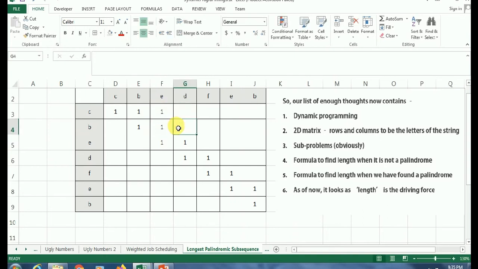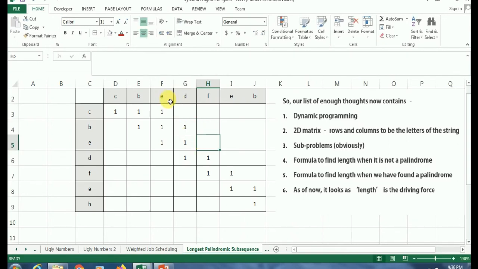Okay, I think we are progressing very well and I am sure that it is now clear to you. Now this is going to be BED, the next subproblem. So it is going to be the max of BE and ED since B is not equal to D. All right, so BE is 1 and ED is 1. Max of 1 and 1 is going to be again 1.